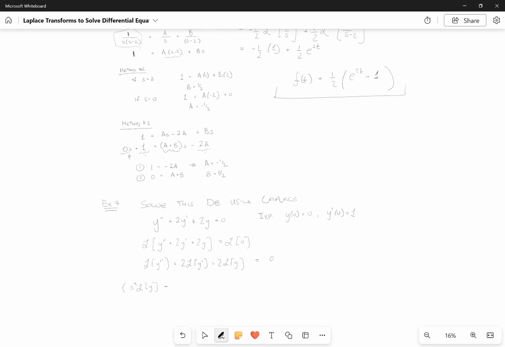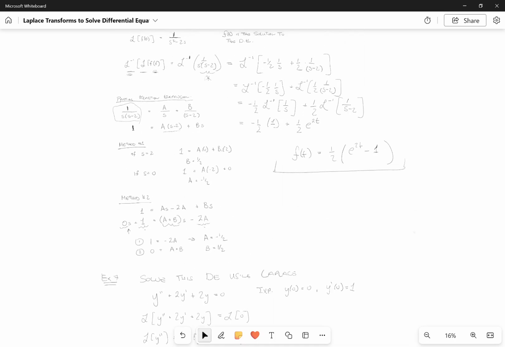So powers of s, we're going to say minus s to the 1 f at 0, and the primes are going in the opposite direction, going up, minus s to the 0 f prime at 0.